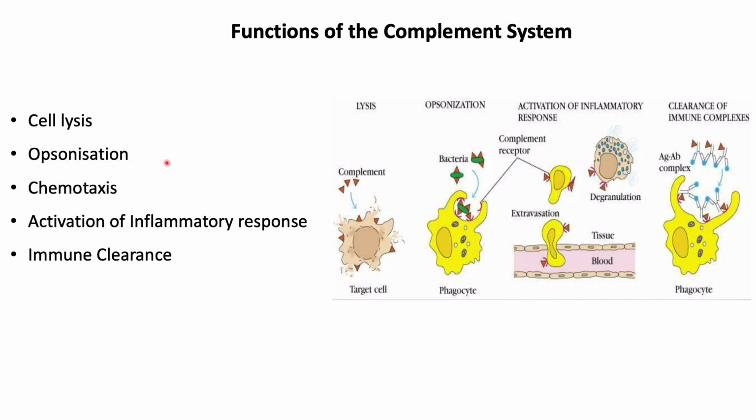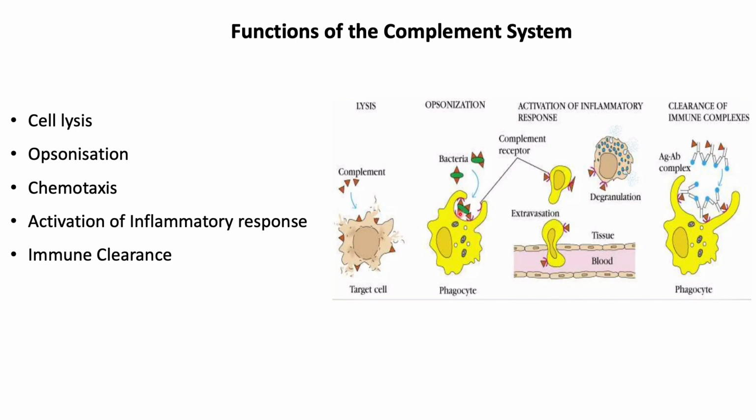The major functions of the complement system are cell lysis, that is, rupturing the cells and killing them, and opsonization, which is a process in the immune system where particles such as pathogens or dead cells are marked for phagocytosis by immune cells, particularly phagocytes like macrophages and neutrophils.